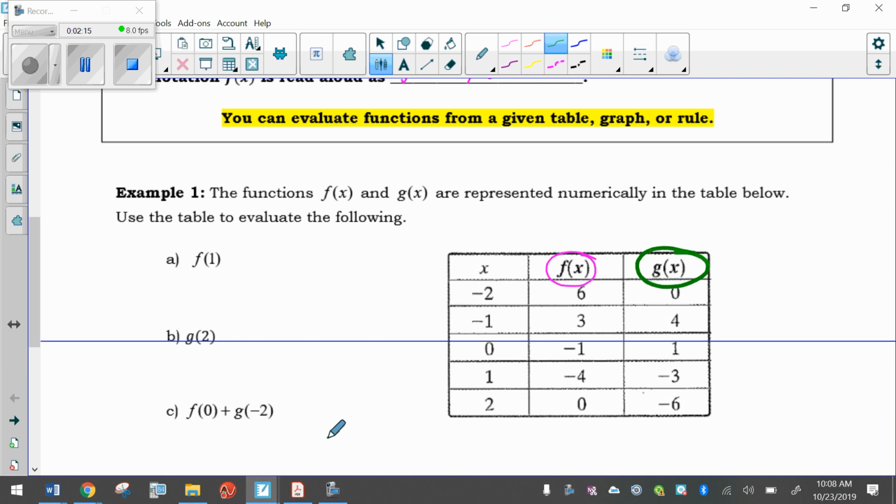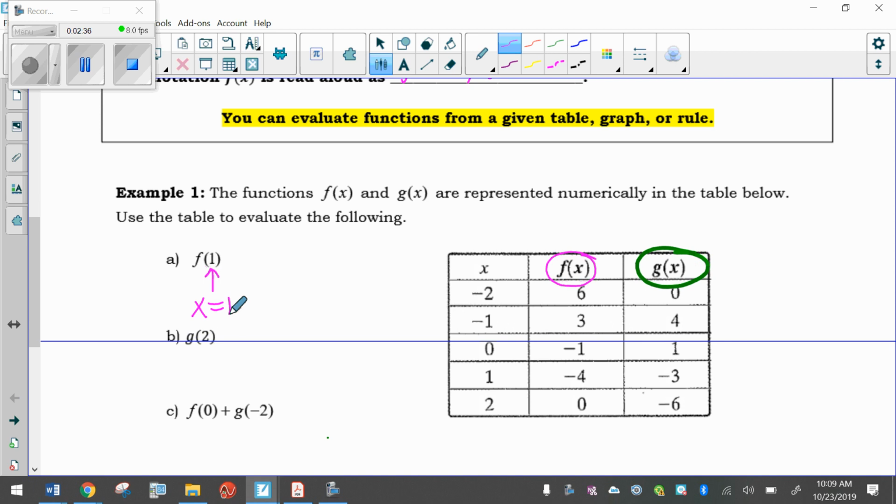So the first question says we want to find f of 1. So f of 1 means our x value is 1, and it wants to know what is the output for the f function when the input is 1.